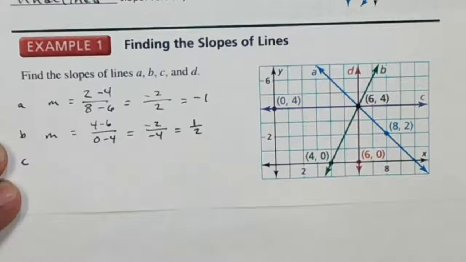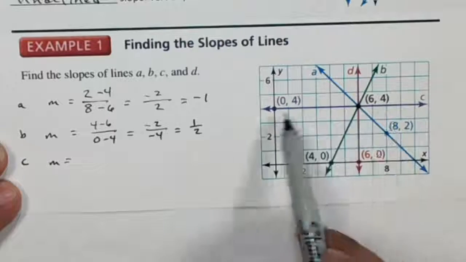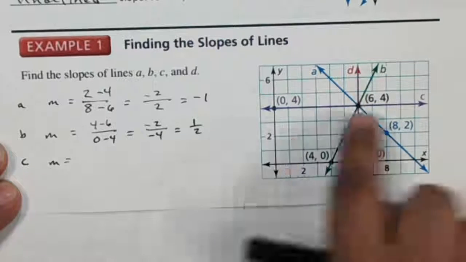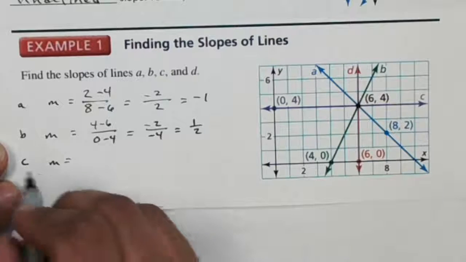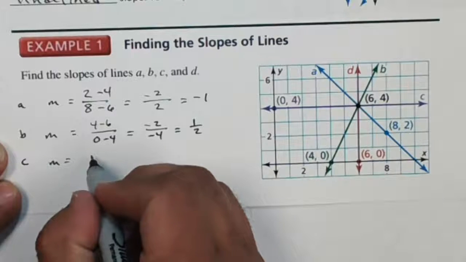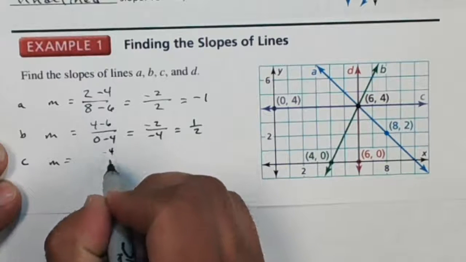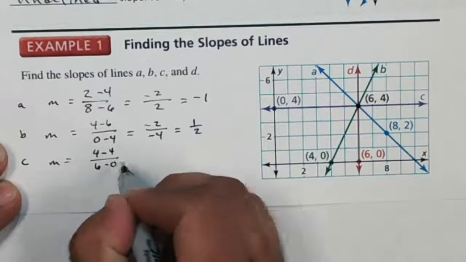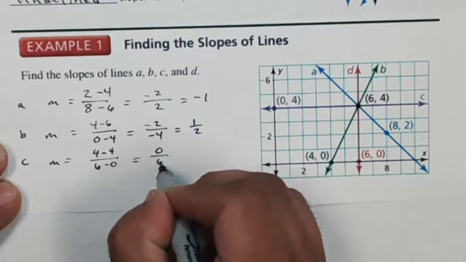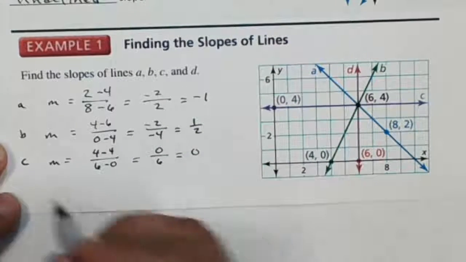For line C, I know it's a horizontal line, so my slope is going to be 0, but just to review using the formula, we would do 4 minus 4 over 6 minus 0, and that's 0 over 6, which is just 0.